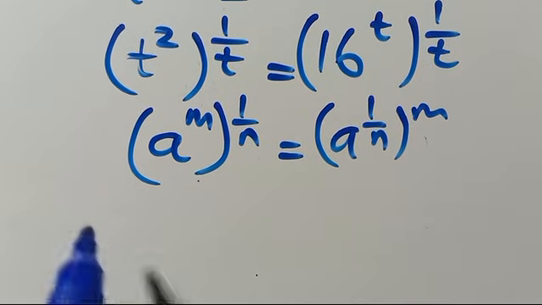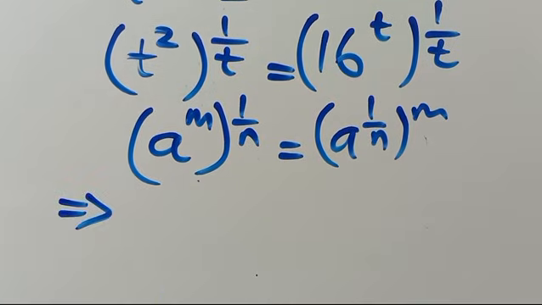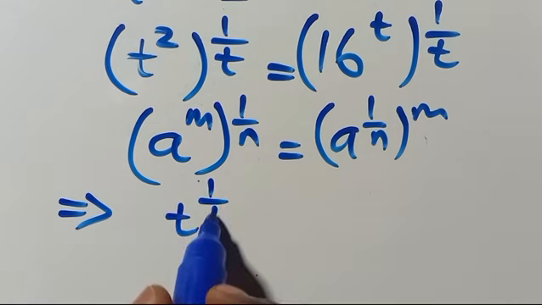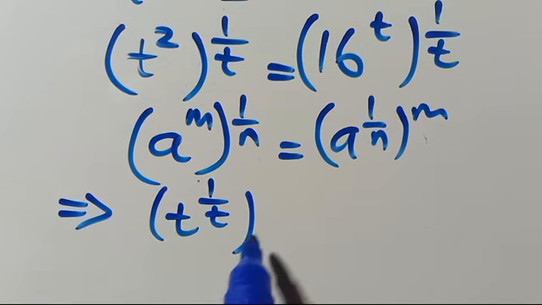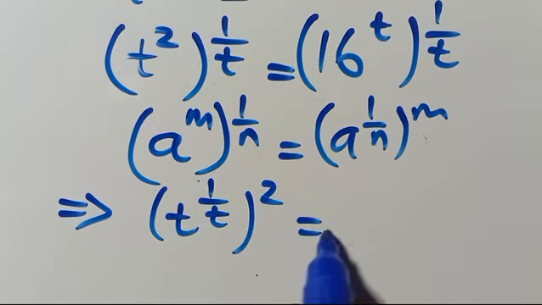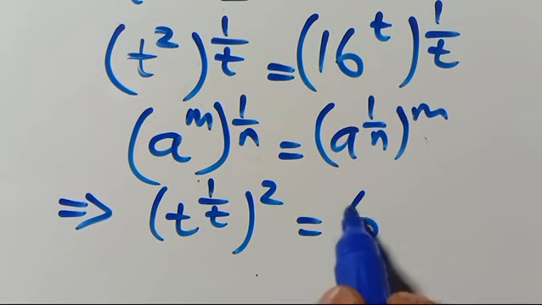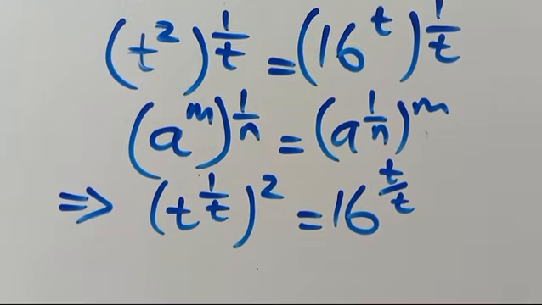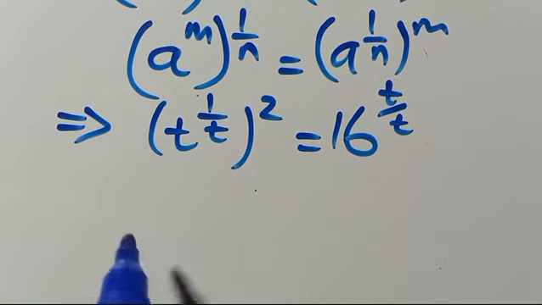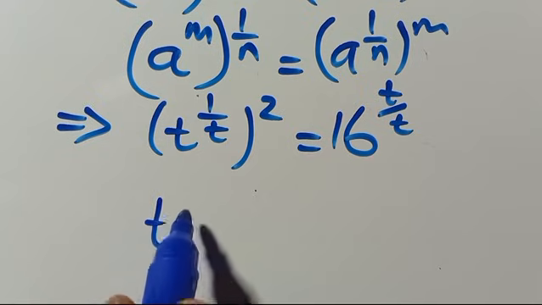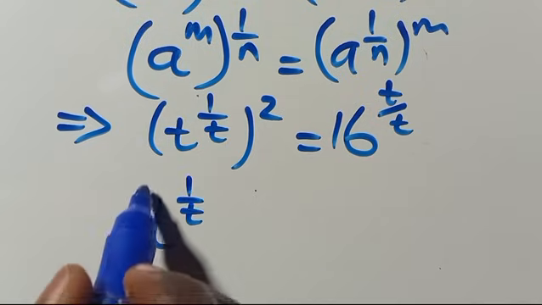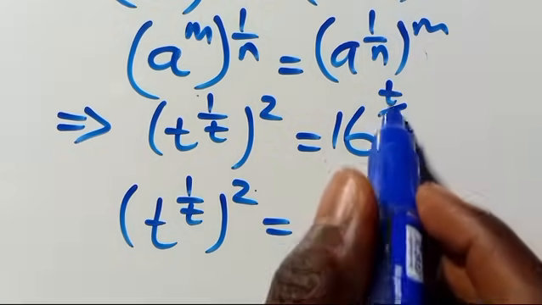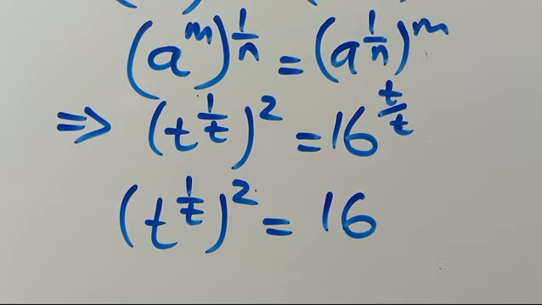So we are going to have this as t to the power of 1 over t, to the power of 2, equals 16 to the power of t over t. This t divided by t will cancel, and we have 16.